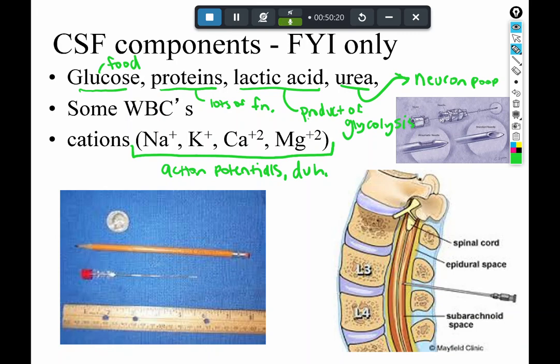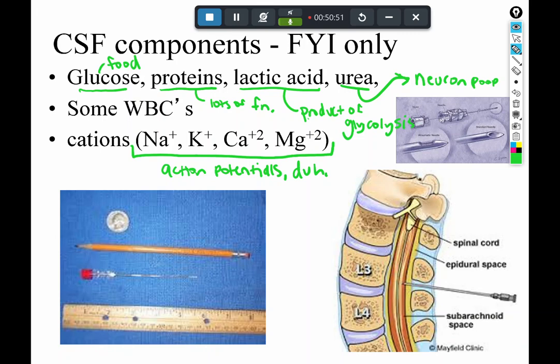So for us, as a whole organism, the result of being metabolically active and producing waste as a result of it is poop and pee. And you'll learn all the details about how those are made next term. But on a very tiny, microscopic scale, urea and a couple other waste products are technically neuron poop. This is why we need to recycle and have our cerebrospinal fluid flow so that we can clear the neuron poop out so it doesn't end up poisoning our neural tissue.